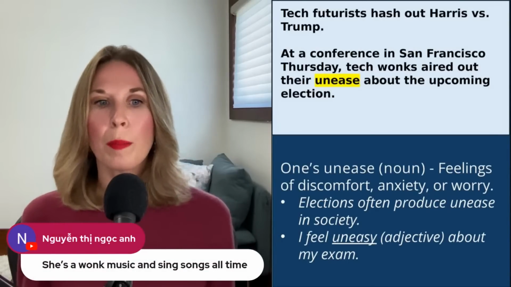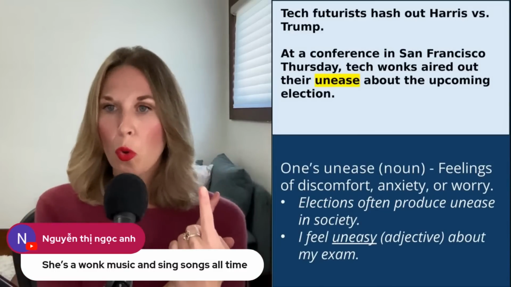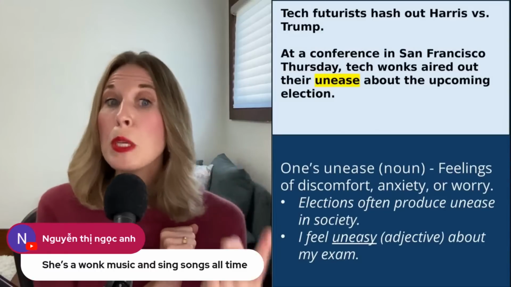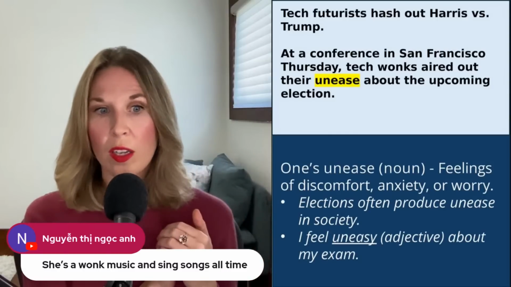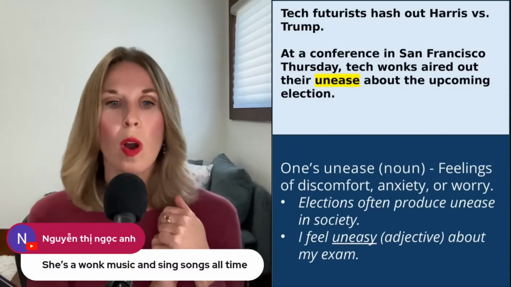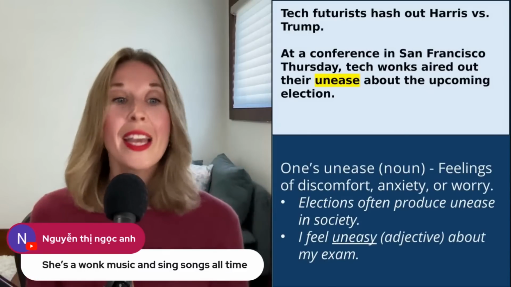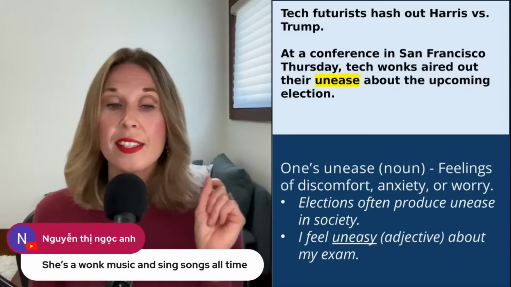Here's a great example. She's a wonk music, but you want to change the order. So it's the something and then wonk. She's a music wonk. I'm a grammar wonk. She's a music wonk and sings songs all the time. Exactly. Now, because it's she, you need to add that S to sing.